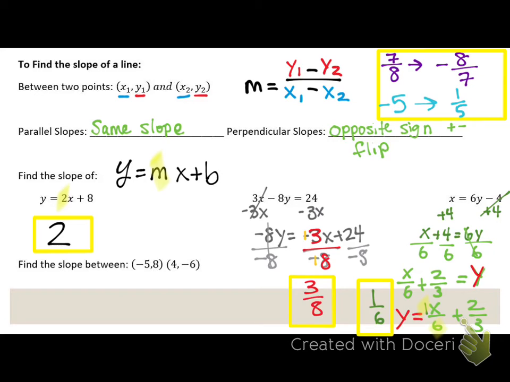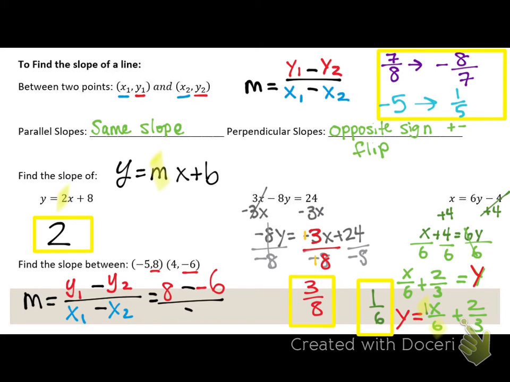This next one we need to find the slope. What does the slope formula look like? M equals y1 minus y2 over x1 minus x2. So what's my first y? 8. My second y?